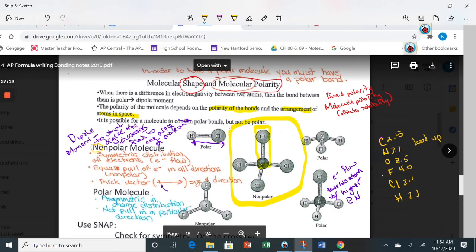As soon as we replace one of those with chlorine, now we have a net flow. So this has no net flow because it's equal and opposite around that center atom, but over here we have a net flow towards chlorine.